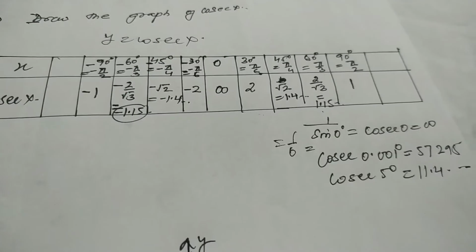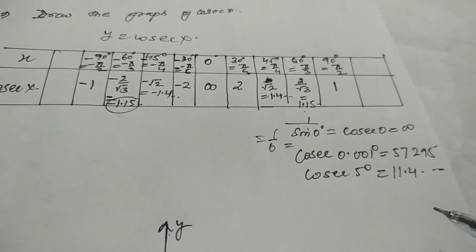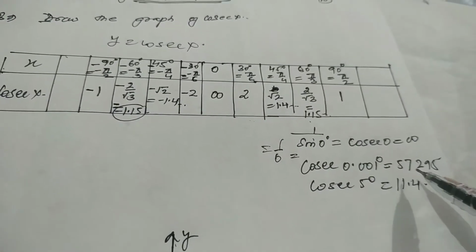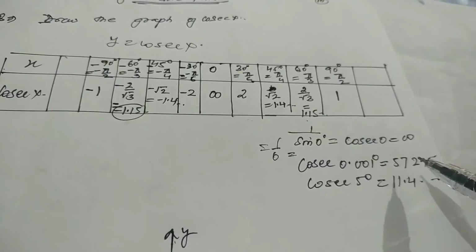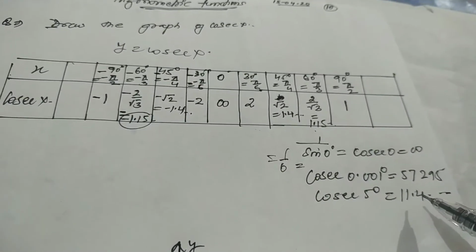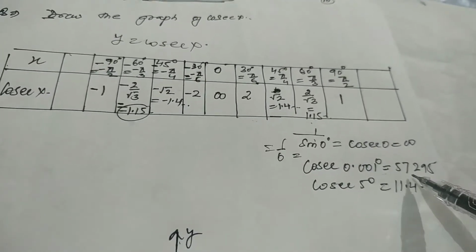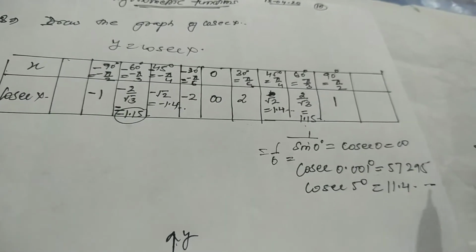If you look closer to 0 degrees, the value of cosec is rapidly growing, that means it tends to infinity, and at 0 it is infinity. But very near to 0 degrees, like 0.001 degrees, it is 57,295 and so on.